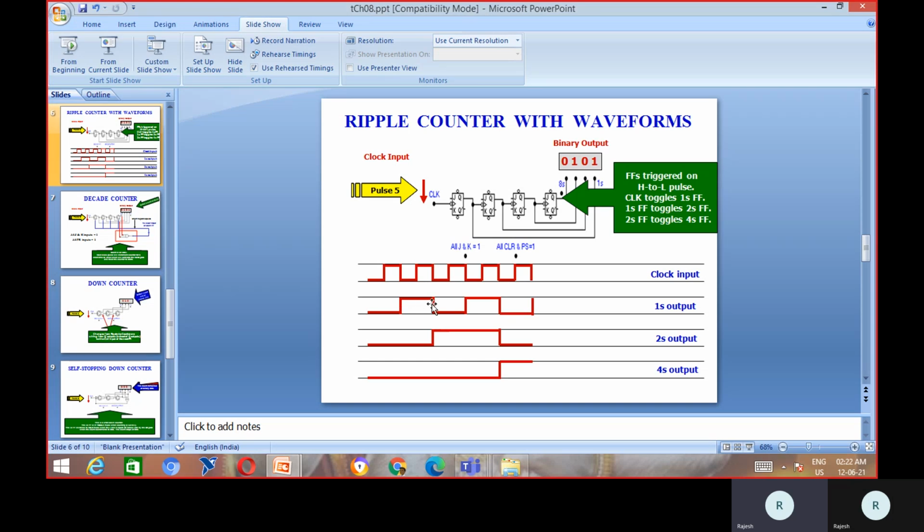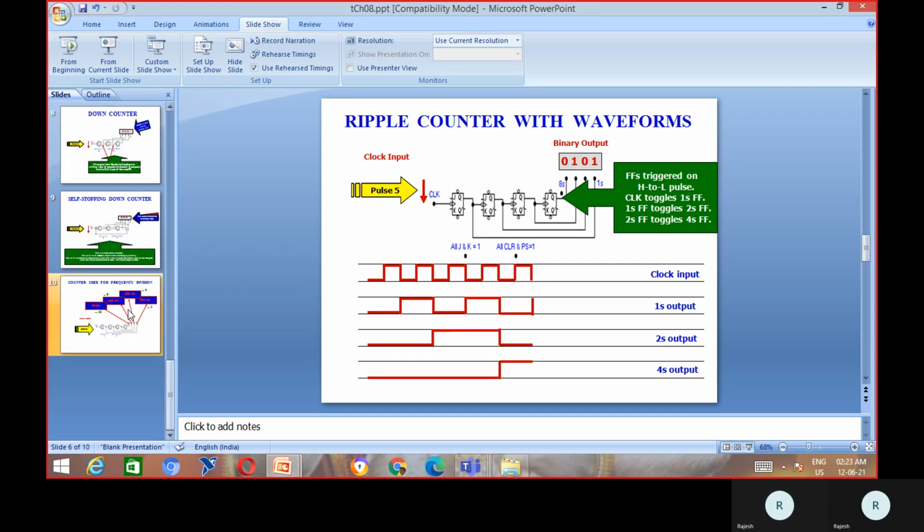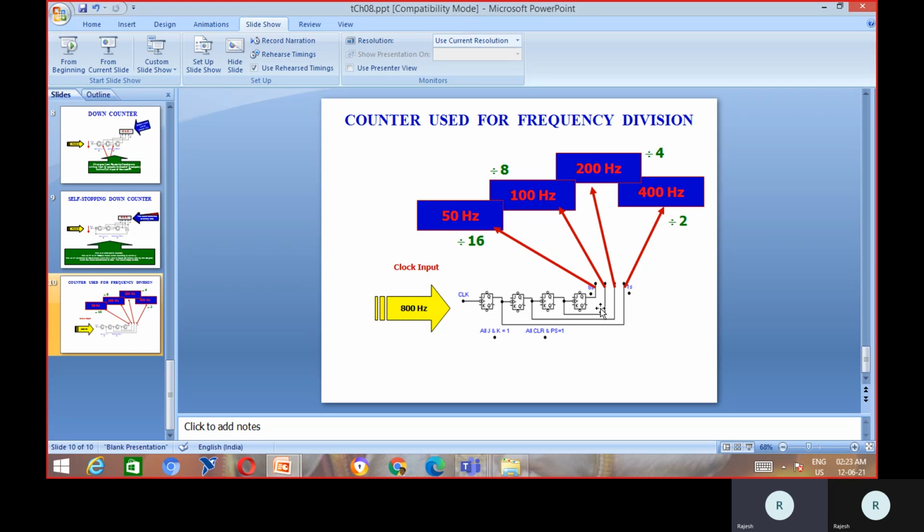This is a high frequency, then the frequency is reduced, so the time period is increasing, the on time and off time periods are increasing. The next stage's output time period is more, the next 4s output is again more. As the time period is increasing, the corresponding frequency is reducing.